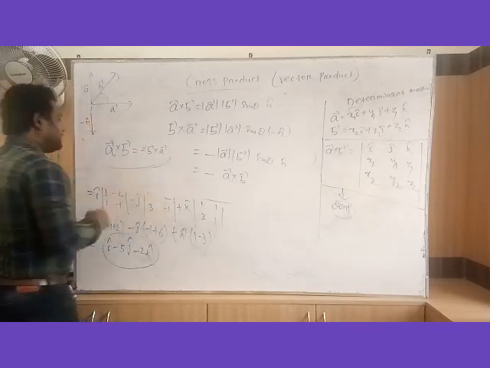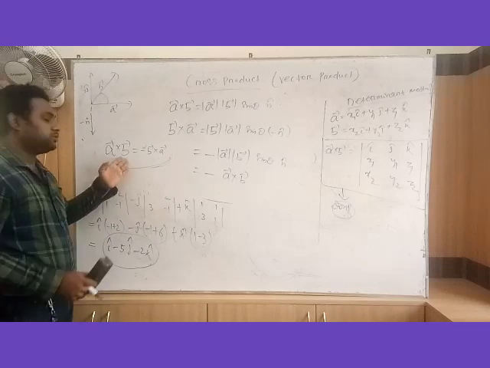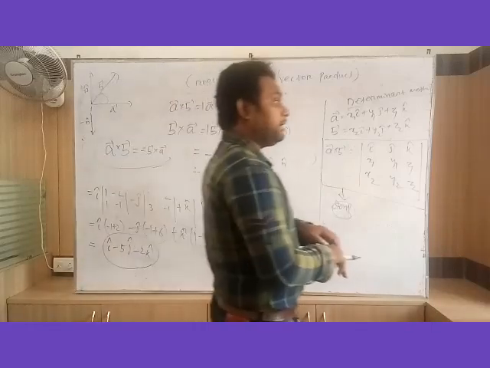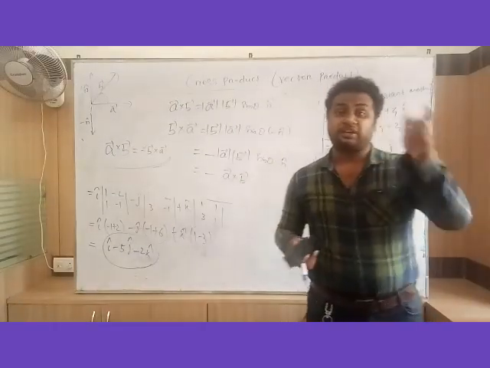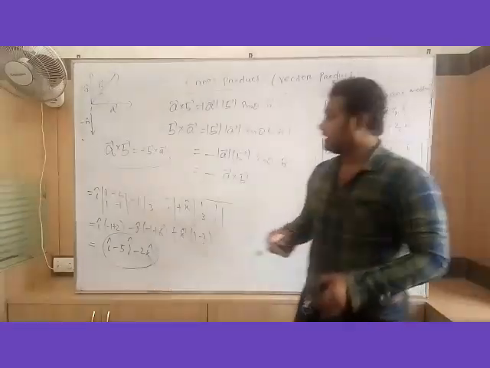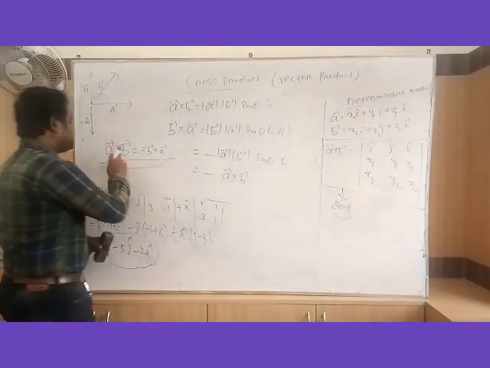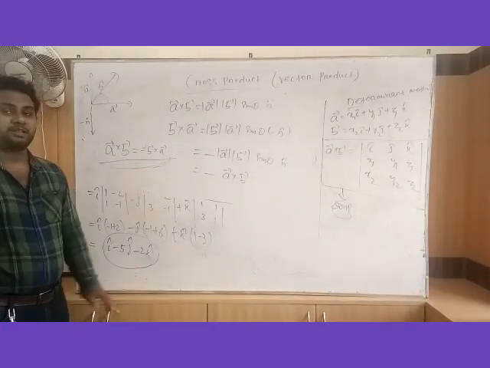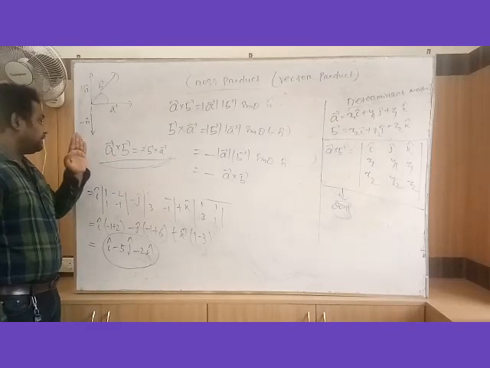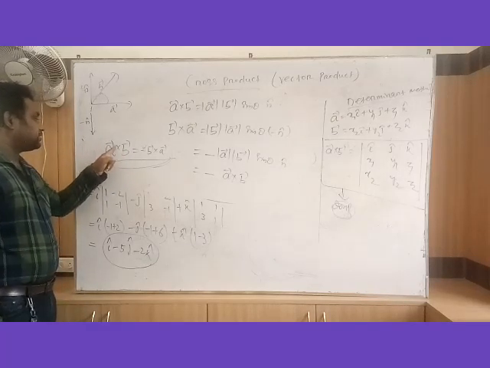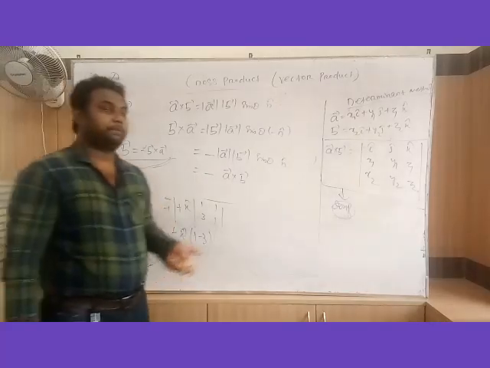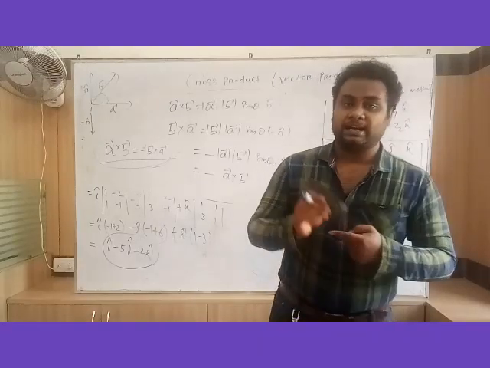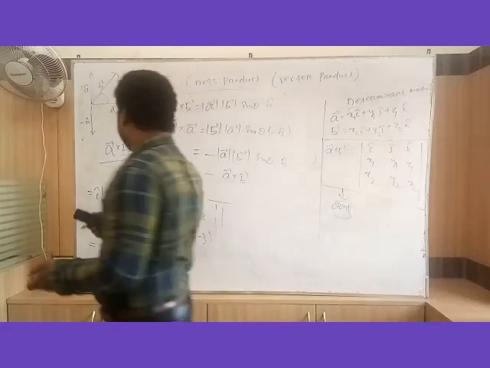So in this derivation we came to know that cross product is not commutative, whereas the dot product is commutative, a dot b equals b dot a. But a cross b is not equal to b cross a; it becomes minus b cross a. So a cross b is not commutative, but it is associative with a proper scalar, and it is also distributive.